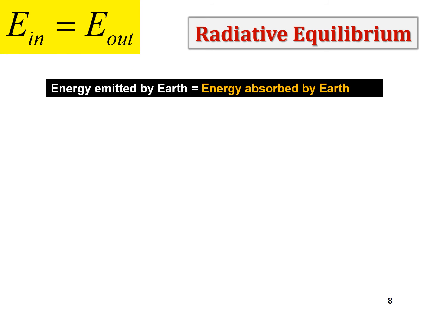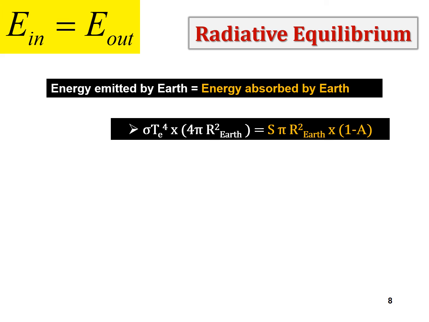So E in is equal to E out, and T E is the Earth's temperature. There's something we see: 4 pi r squared is on both sides of this equation. We can cancel that, right?